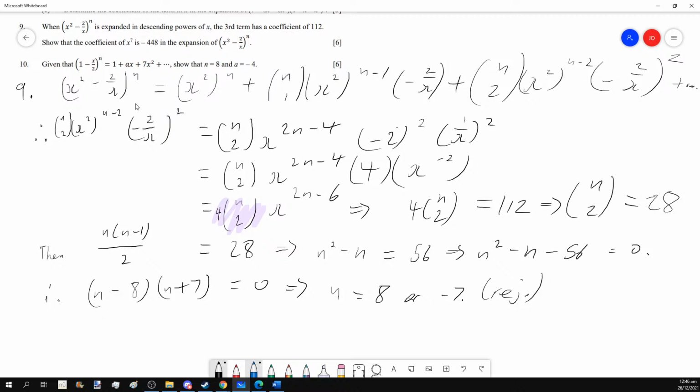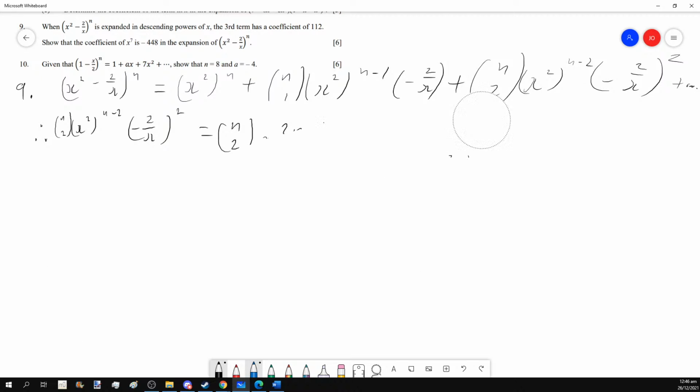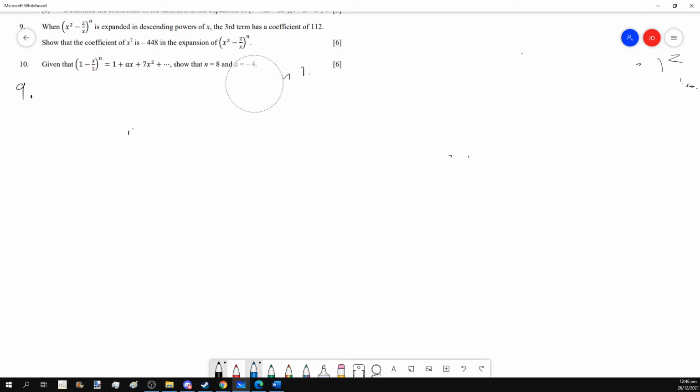From here, with n equals 8, we can then go on to ask ourselves, how do we find x to the power 7? So now that n is equal to 8, we can move on to the next part of the problem, which is to find the coefficient of x to the power of 7.